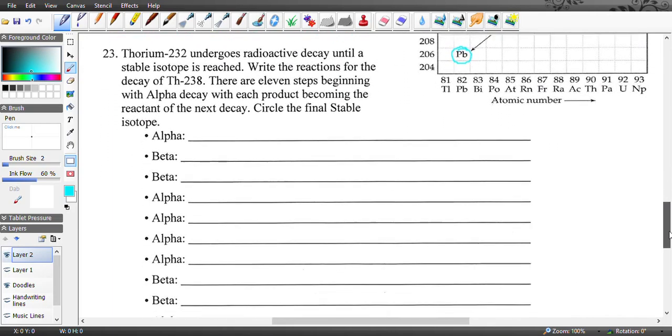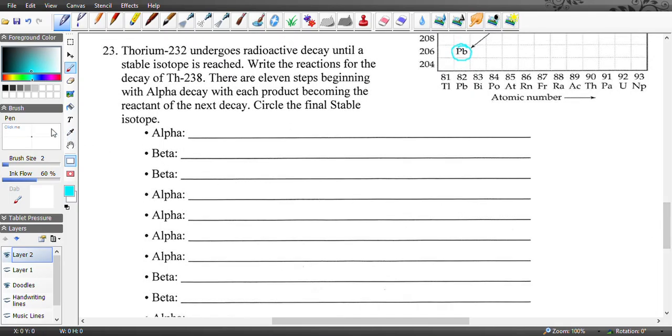Alright, so this is the more challenging part. We're going to start with the 232, I'm sorry. So this is not right. That should say 232.